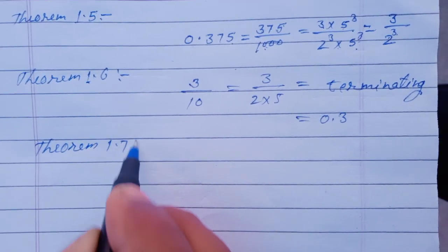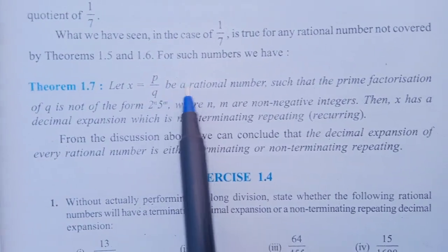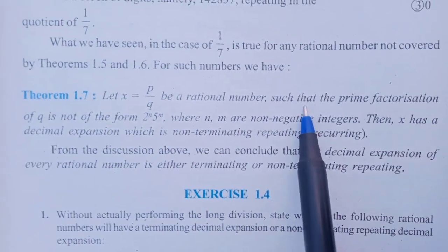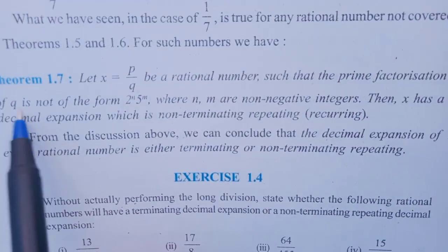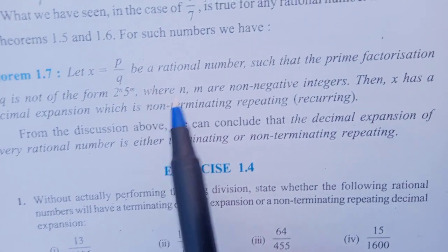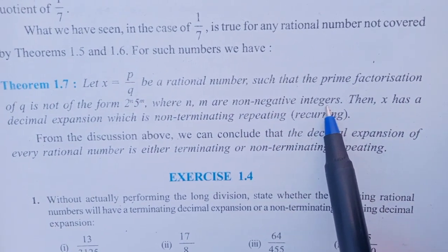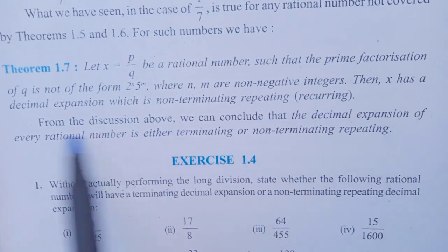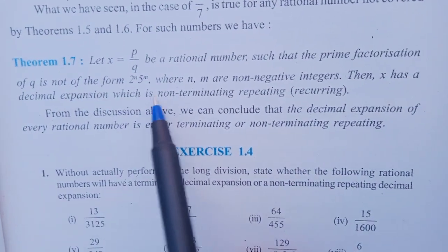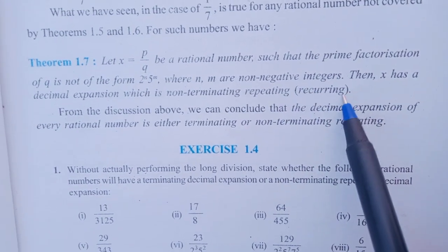Okay, the next theorem 1.7. Let x equal to p upon q be a rational number such that the prime factorization of q is not of the form 2 power n 5 power m, where n, m are non-negative integers. Then x has a decimal expansion which is non-terminating, repeating or recurring.